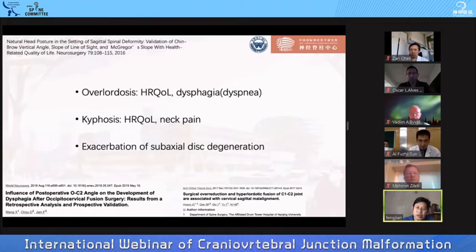And in some patients, dysphagia, even dyspnea in very rare conditions, immediately after extubation. If the patient develops kyphosis post-operatively, the patient also will have neck pain. Recently, studies show that if the alignment is not good, subaxial disc degeneration will occur.